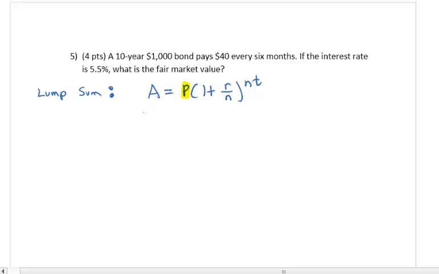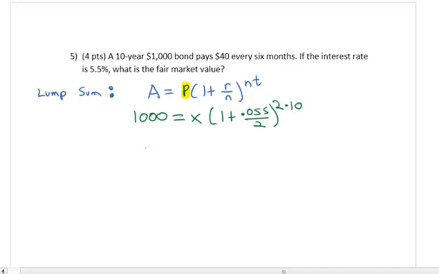So A, the future accumulated value, the bond is worth $1,000, equals X, that's what we're looking for, the present value of the lump sum, times 1 plus r, the interest rate of this problem is 0.055, divided by n, it's every 6 months, so we have to divide by 2, it's twice a year, to the 2 times time, it's a 10-year bond.